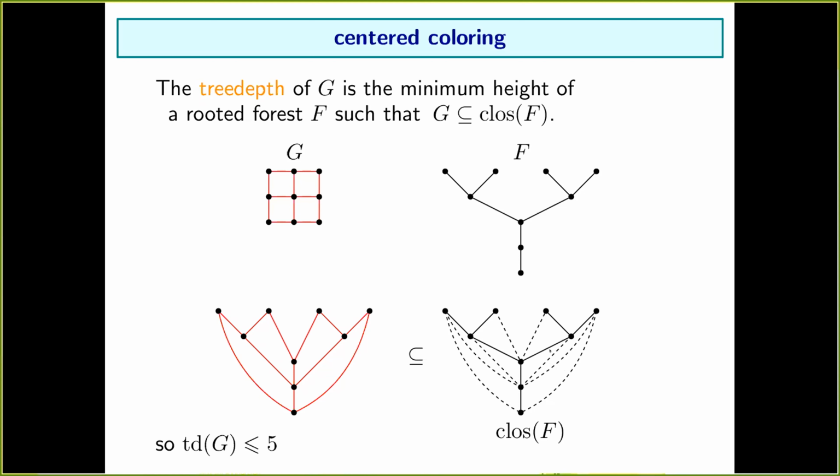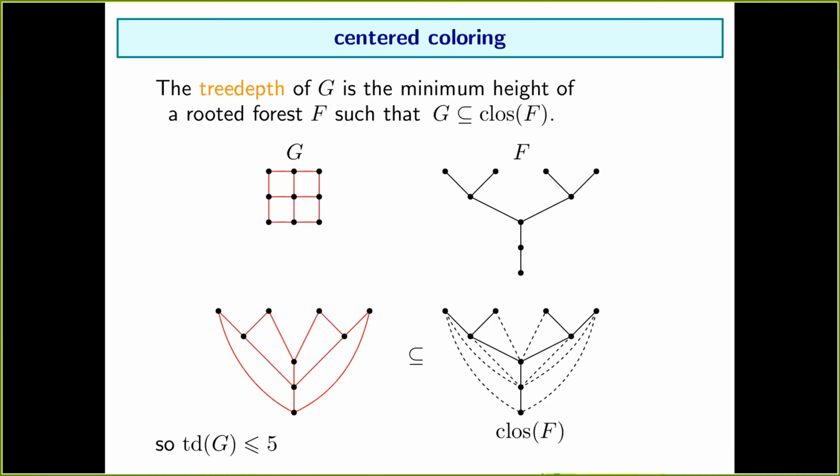That's the closure. And then you can see here that in fact this grid, our graph, is a subgraph of the closure of our initial forest. And that means that the tree depth of our initial graph is at most 5, because this is the height of the forest. Height is the maximum number of vertices on a root-to-leaf path in the forest. So that's the tree depth.